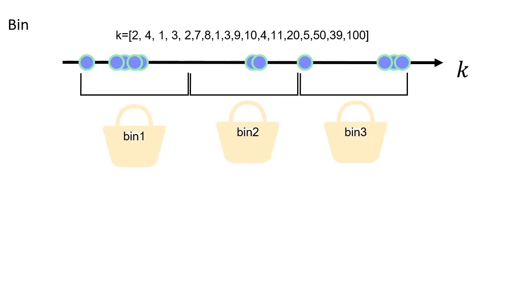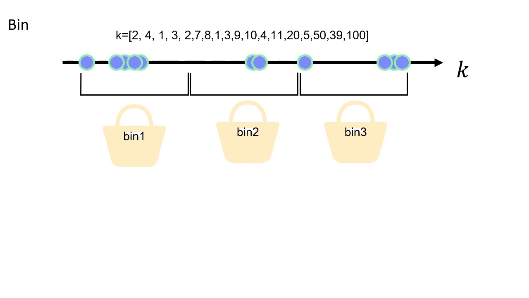Then to measure the degree distribution in this case, you can make bins of these values. In this range, you sum up all the k values, and each bin has the same length.